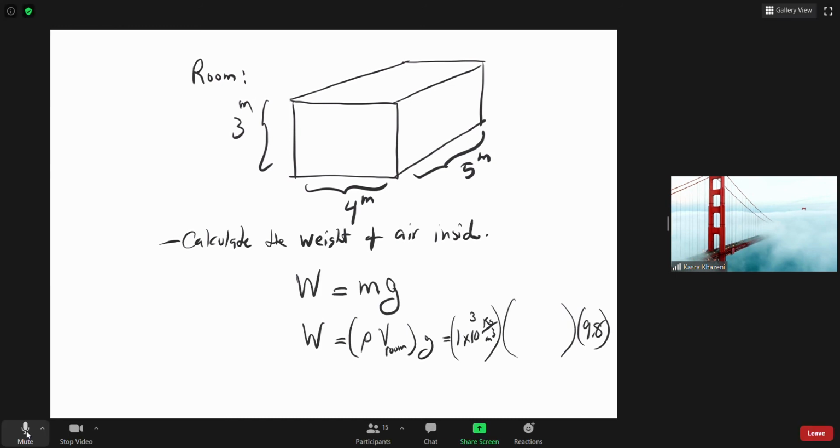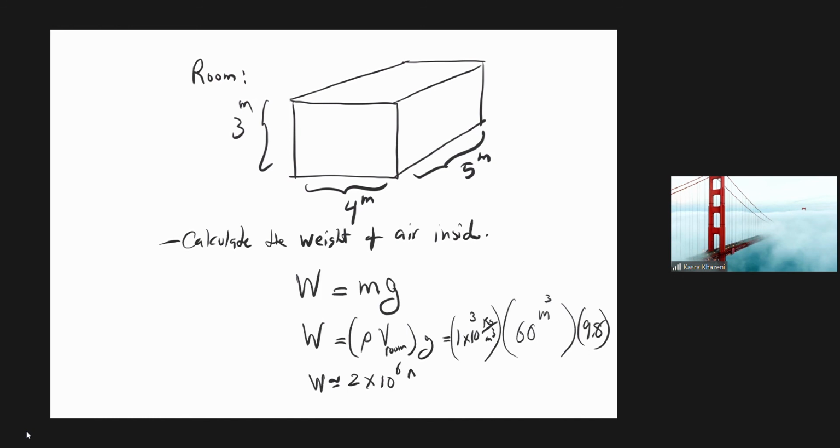That's right, 3 meters times 4 meters times 5 meters. Well, 4 and 5 is 20. 20 times 3 is 60 meters cubed. All right, what is the weight? Weight is roughly 2 times 10 to the 6th newtons.